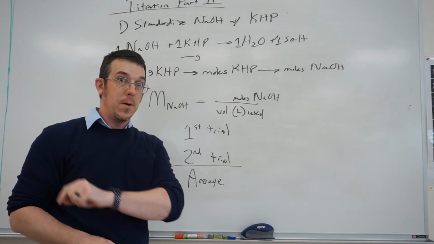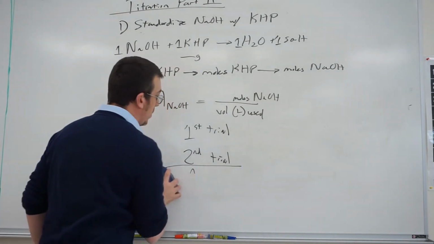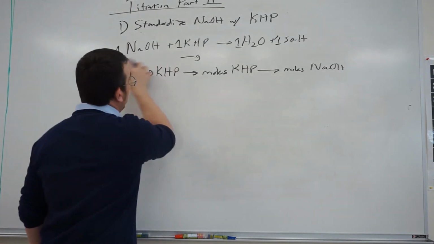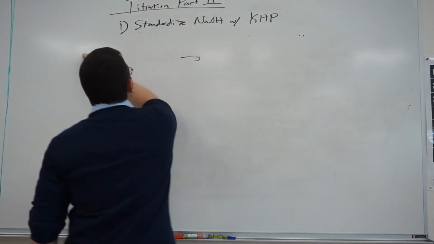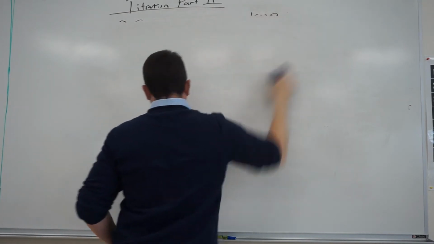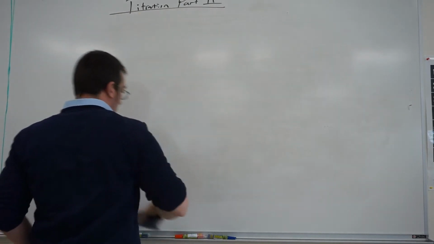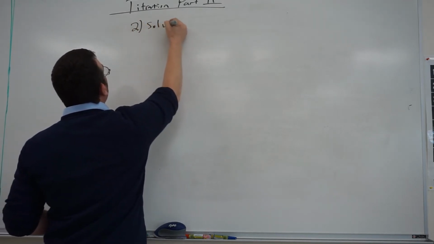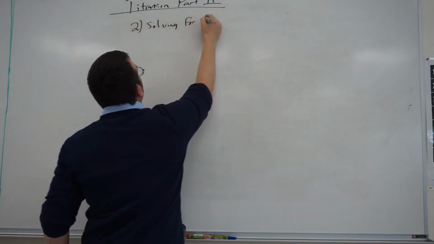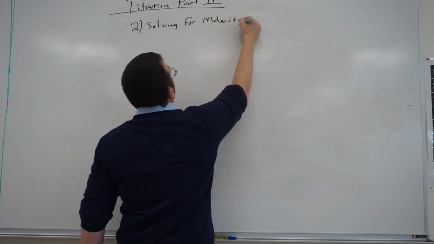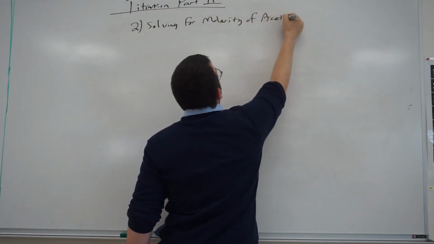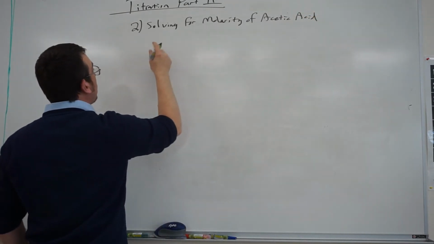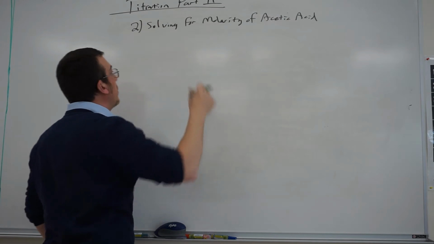So that's part 1. Part 2 is going to be solving for the molarity of acetic acid. All right, to do this, the first thing we're going to do is write out the balanced equation.